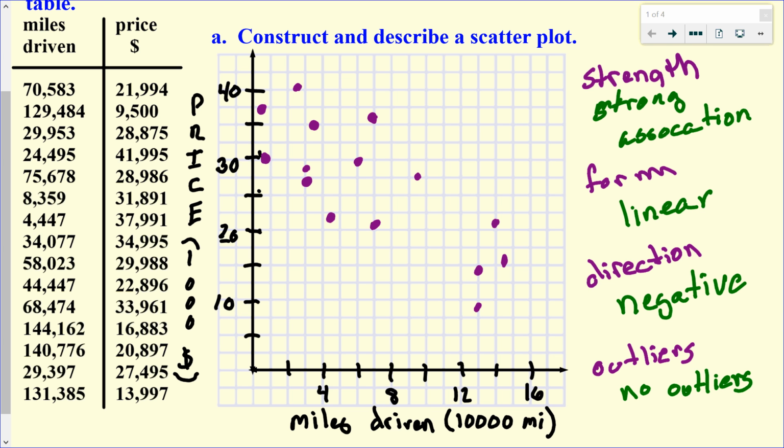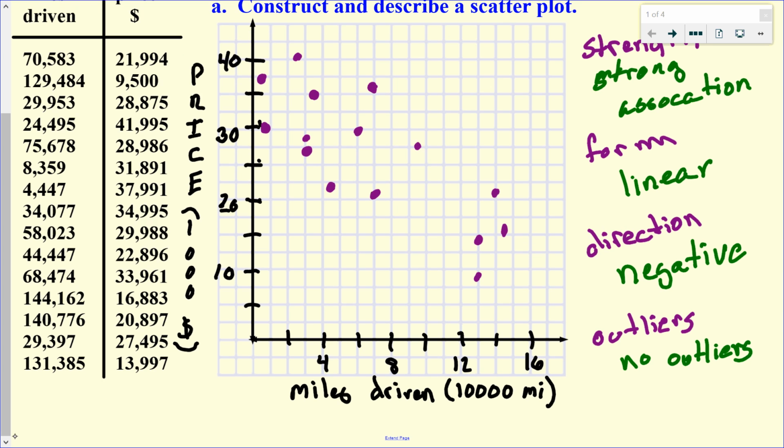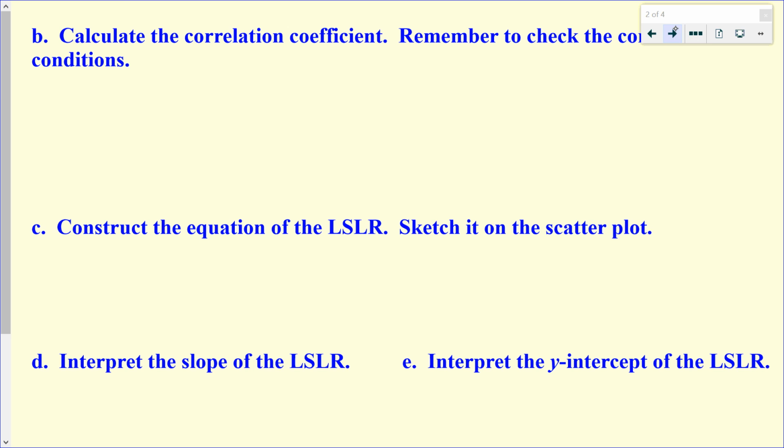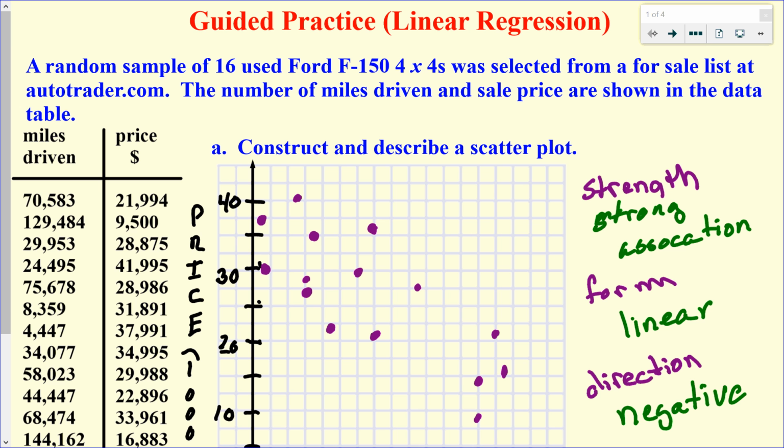There, ladies and gentlemen, is task 1. Task A, we've constructed and described the scatter plot. Let's move on. B says to calculate the correlation coefficient, but first we need to check the conditions. So going back to our scatter plot, let's check that.